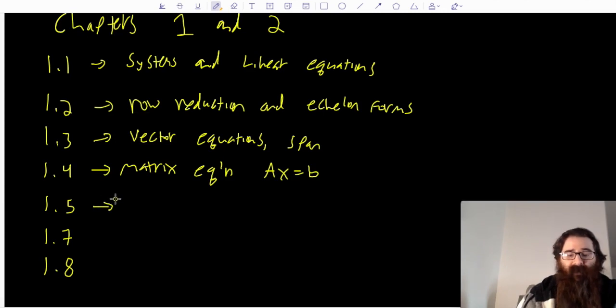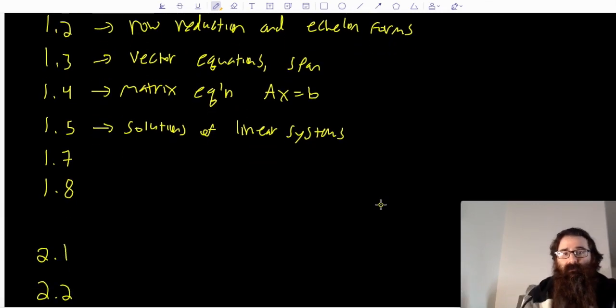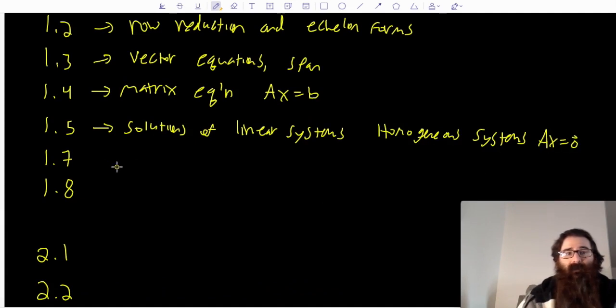In 1.5, we have solutions of linear systems. But in particular, we were talking about homogeneous systems, which would be AX equals the 0 vector.